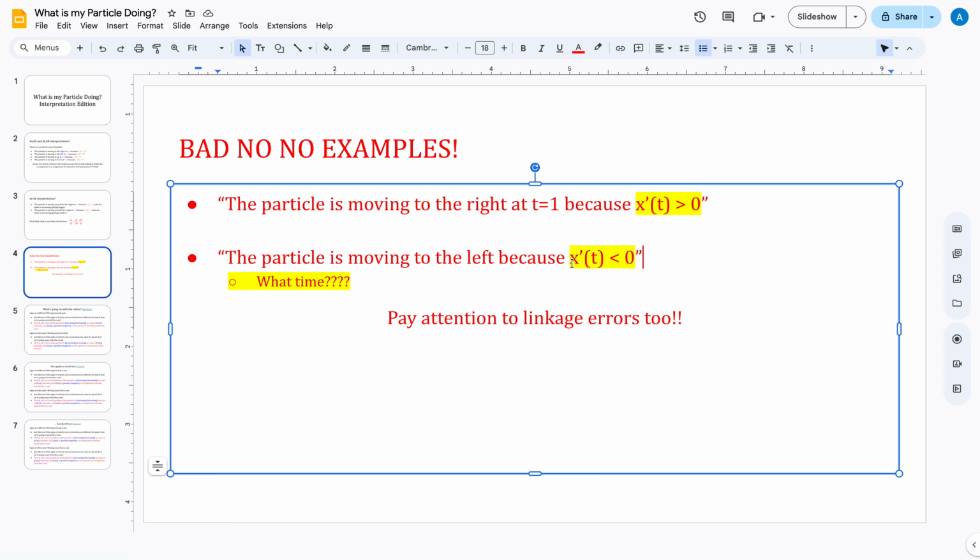The particle is moving to the left because x prime of t is less than 0. No, because you want to give me a time there. Then, of course, just pay careful attention to linkage errors. Unit 4 is very bad in terms of your linkage errors. So please make sure that you're doing it by line and writing it separately in terms of your justifications.